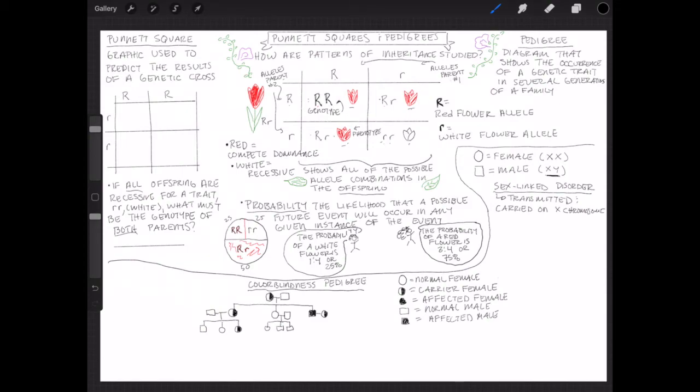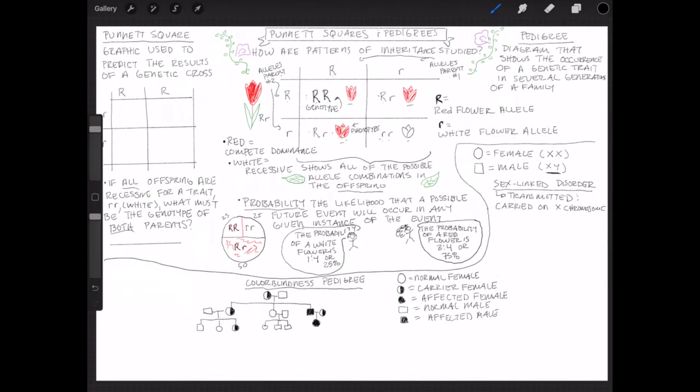Over here, though, we have an affected male who gets married to a carrier female. They have one kid, that's a daughter. Because she has both a dad who's affected and a mom who's a carrier, she can have the trait. For females to have the trait, either mom has to be a carrier and father has to be affected for her to get the allele.